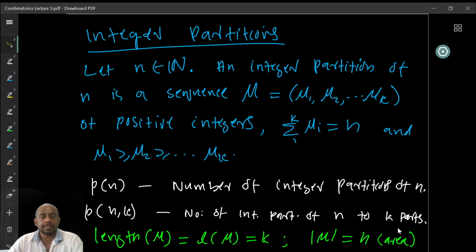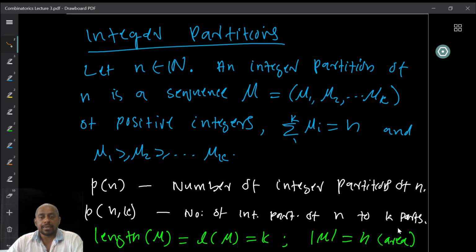So the only difference is the last part, right? We wanted a composition of an integer to be positive integers lambda 1 to lambda k such that the summation of lambda i is equal to n. But now we are saying that we also want to write this in decreasing order.